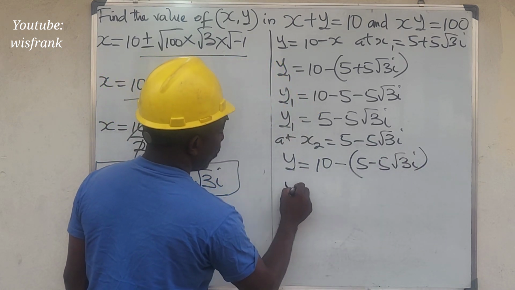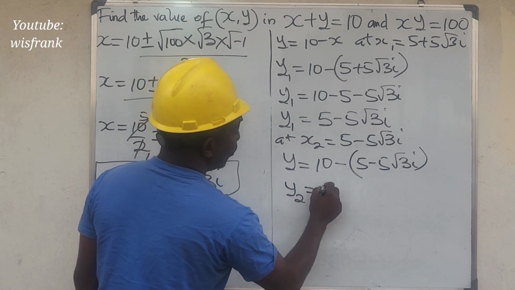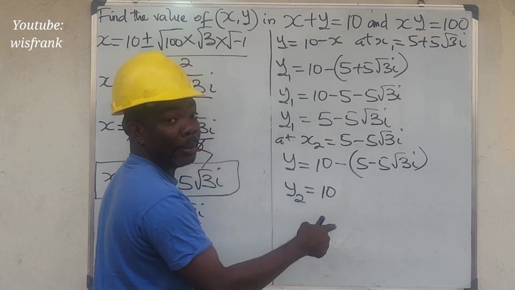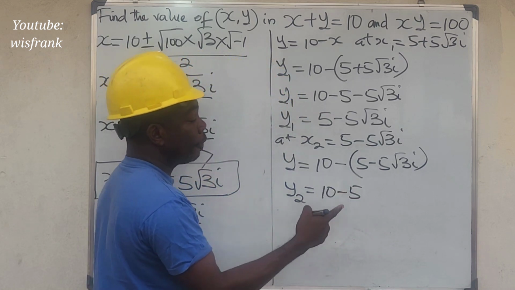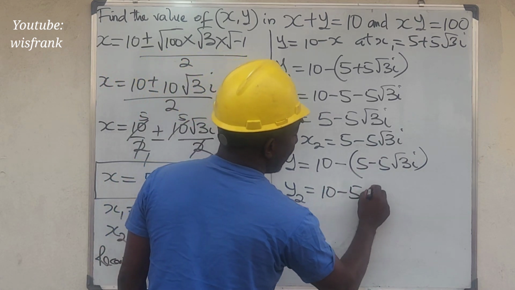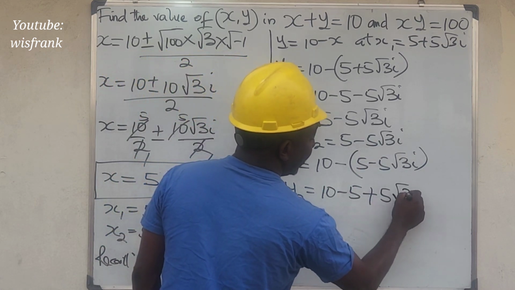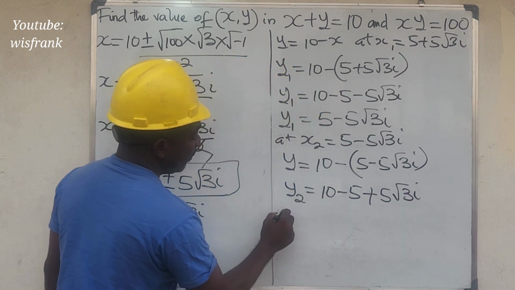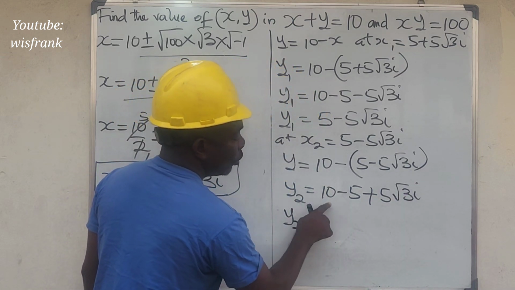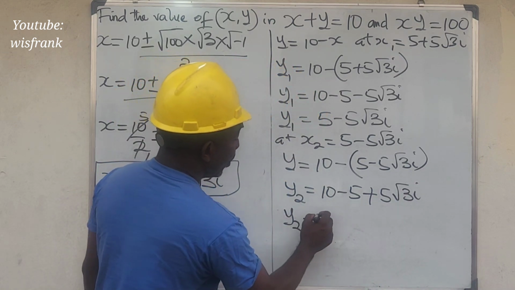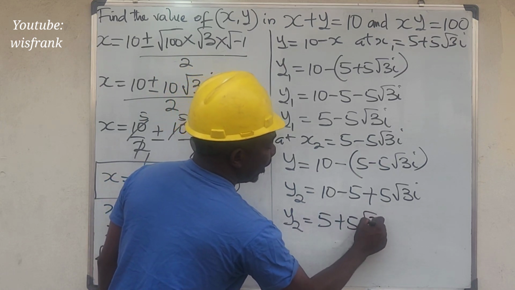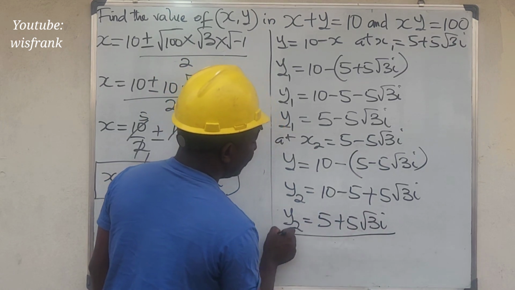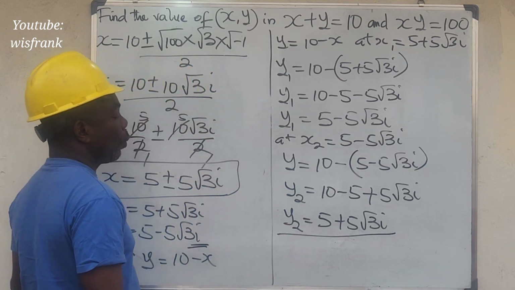This will give us y2 equals 10, minus times 5 will give us minus 5. Then we have minus times minus 5 root 3i will give us plus 5 root 3i. This is the same thing as y2 equals 10 minus 5, which gives us 5, then we have plus 5 root 3i. So this is the value of y2 that we have.